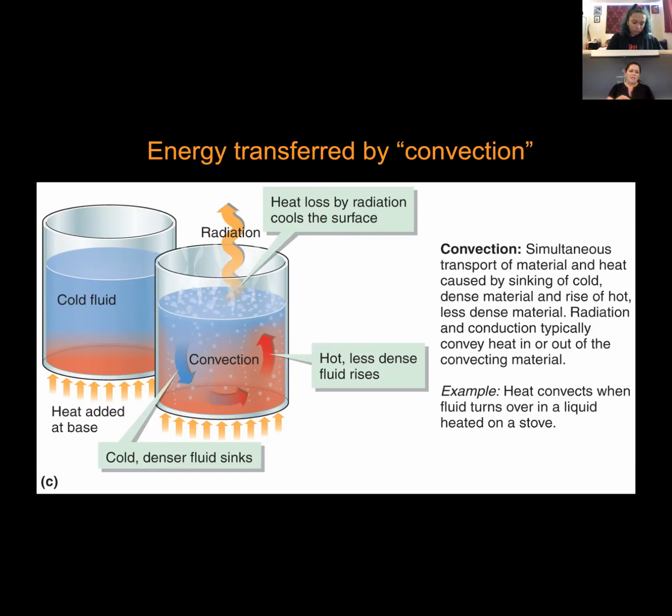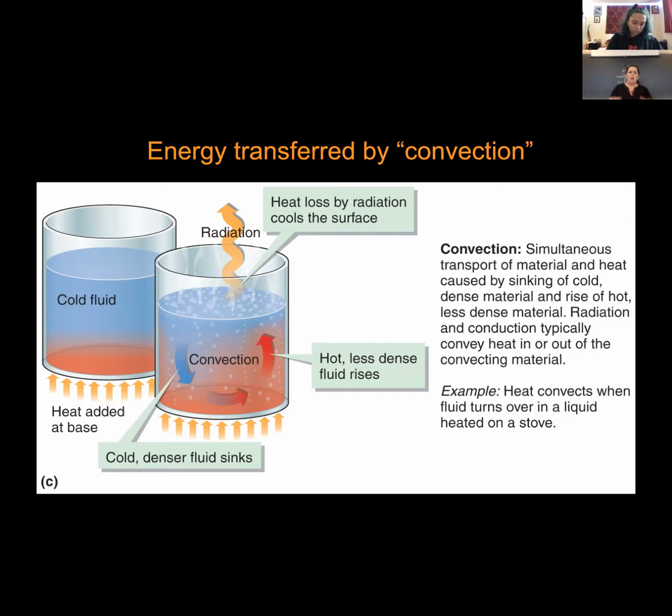Even though on a stovetop you can get a rolling boil going, the convection in the earth is not at that pace. It is much slower because we're talking about partially molten rocks, very slow processes compared to a stovetop.